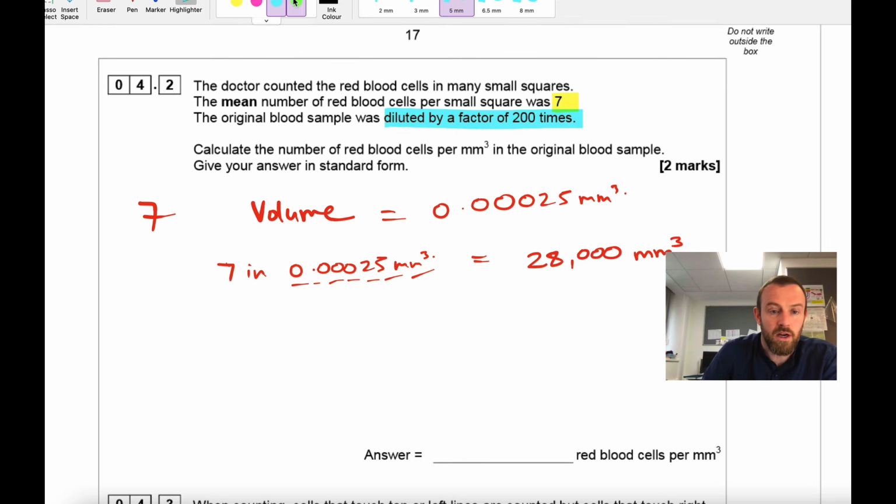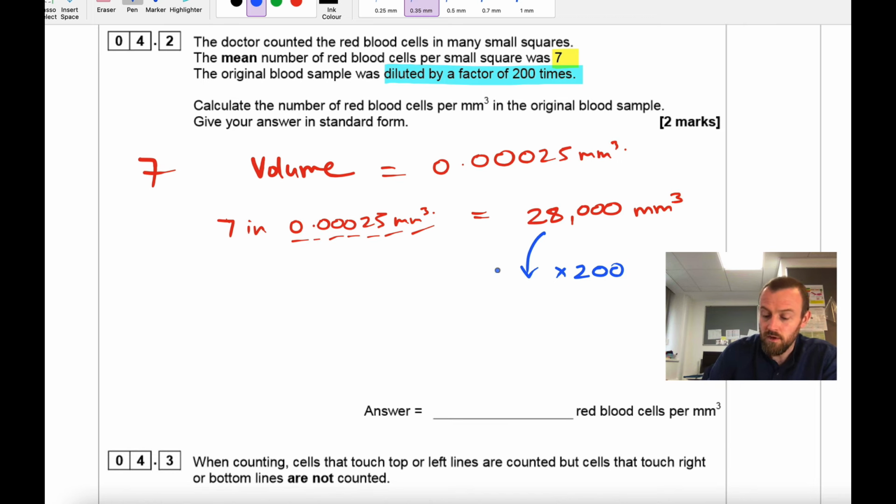So we're going to need to times this number by 200 to get the original answer, and it's going to be a big number. Wow, look at that. That's amazing. There are 5.6 million red blood cells in every millimeter cubed of your blood.